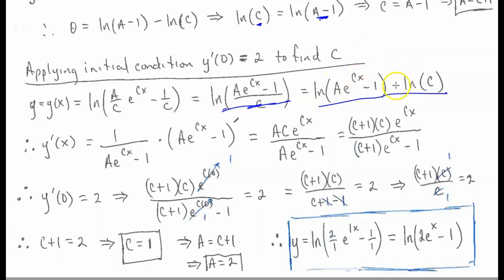By writing it like this, I don't have to worry about this term because the derivative of any constant is 0. So I only have to worry about taking the derivative of the first term, and I'm using the chain rule here. The derivative of natural log of blah is just 1 over blah times the derivative of the inside function. And of course, I'll go ahead and take the derivative of the inside function, and with this first term here, you'll be using the chain rule to do that.